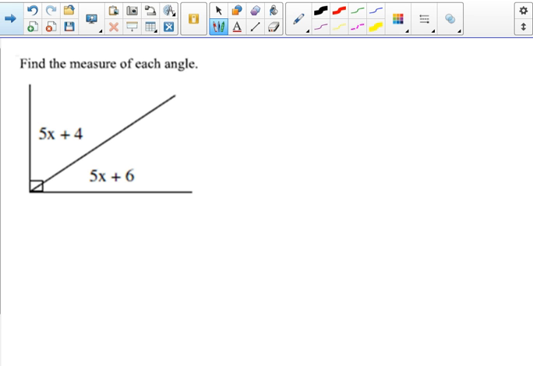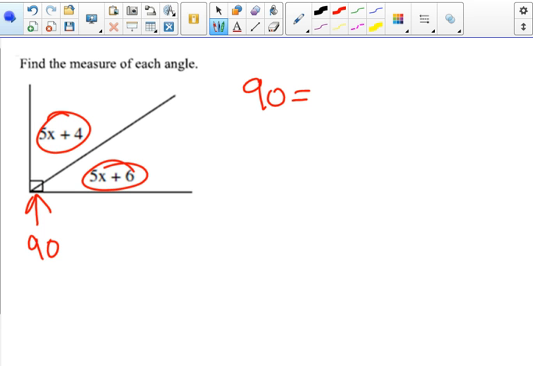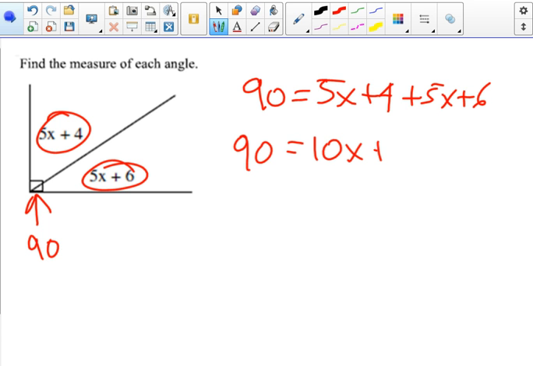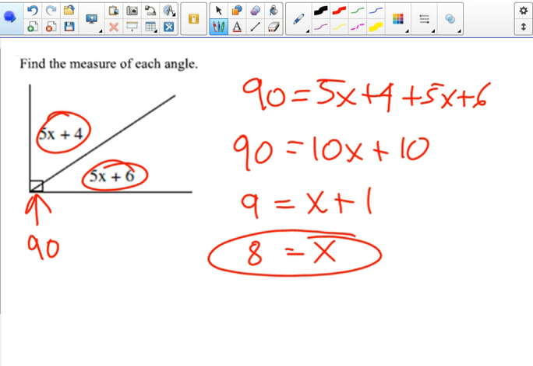So, using the fact that this angle and this angle add up to 90 degrees, we can set up an equation and solve this fairly simply. 90 equals 5x plus 4 plus 5x plus 6. So 90 equals 10x plus 10. I'm going to divide everything by 10, so 9 equals x plus 1. And subtract 1, so 8. I believe x is going to be 8. Now, careful, that's not necessarily our answer.